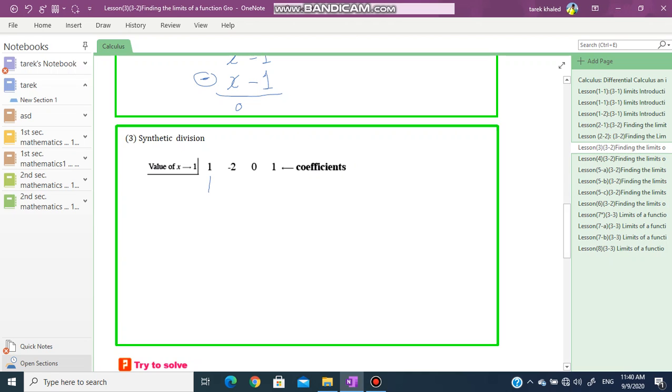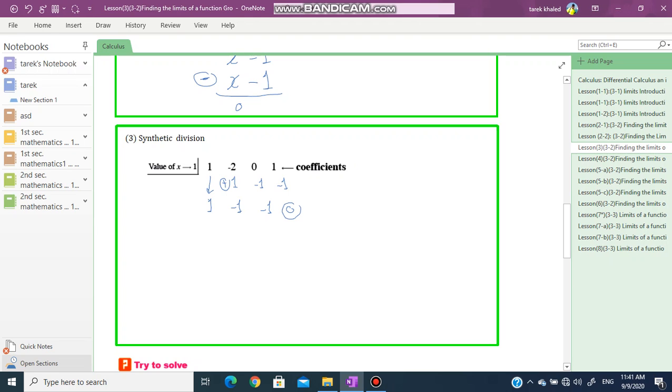First, drop the first 1. Multiply 1 times 1 equals 1, add negative 2 plus 1, it will be negative 1. Multiply 1 times negative 1, it will be negative 1, make addition, 0 plus negative 1 equals negative 1. Multiply, it will be negative 1, add, it will be 0.